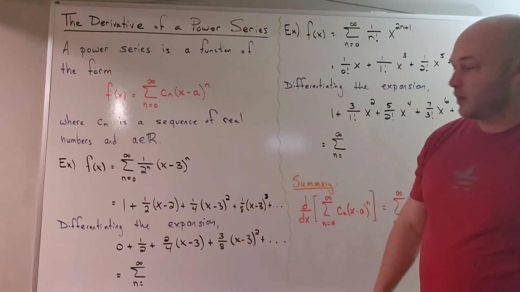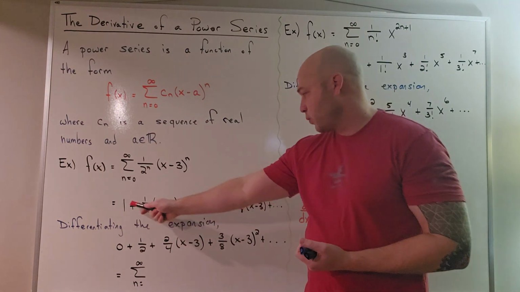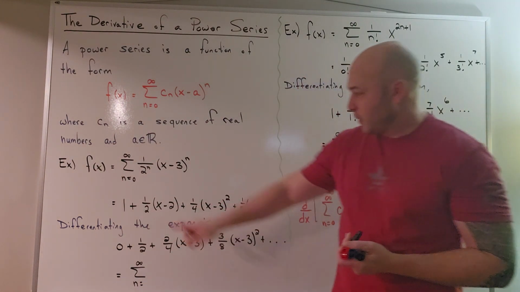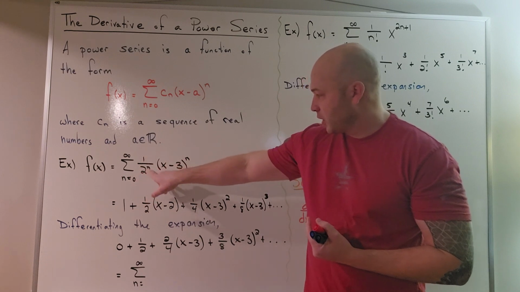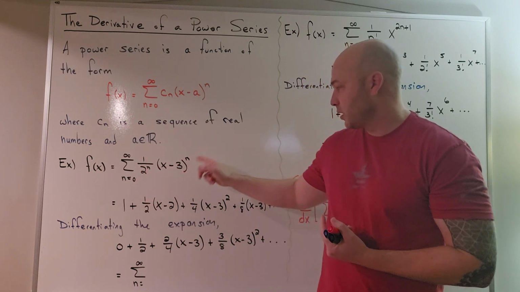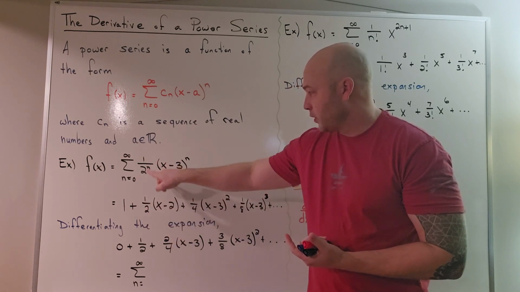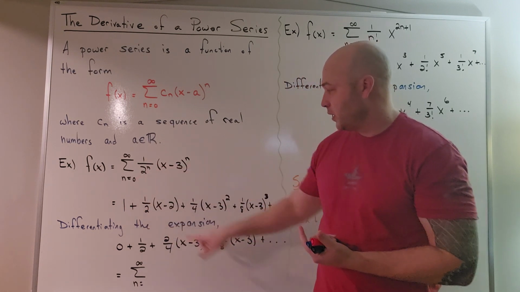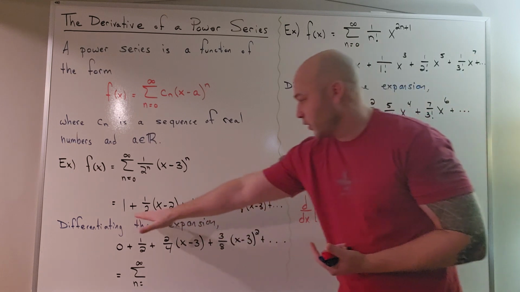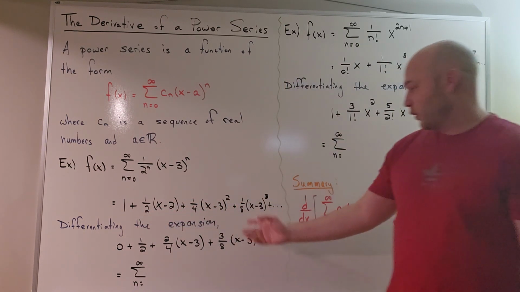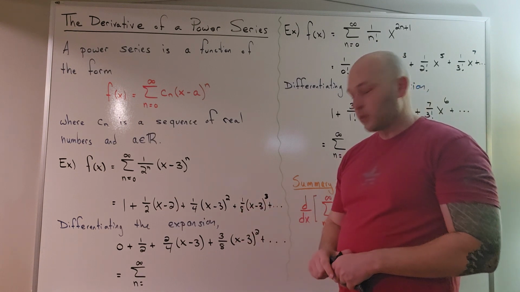If I start by writing out the first 4 terms to get an idea of what this looks like, plug in 0: 1 over 2 to the 0 is 1, (x minus 3) to the 0 is 1, so the first term would be a 1. And then n is 1, would be 1 over 2 to the first, (x minus 3) to the first, so on and so forth. So I get these first 4 terms here, and of course, plus dot, dot, dot. But at least the first 4 terms give us an idea of what the pattern looks like.